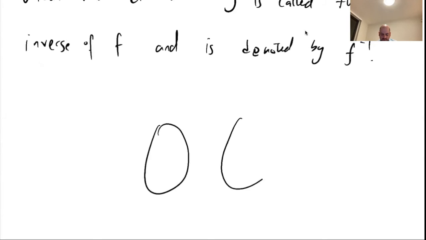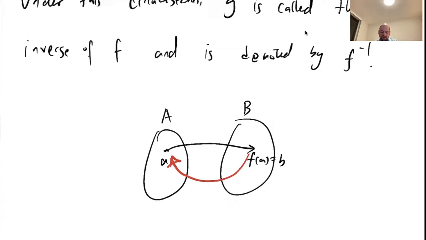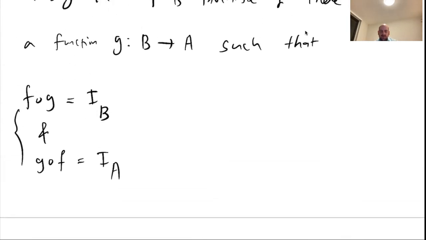So if I want to show you what happens, you have A and B, and you have A, and here you get F of A, let's say small b. But now if you compose this with F inverse, you get the original input back. So an invertible function means there is a function G that, when you connect it with F, composition, a connection of two machines, at the end they act like nothing.